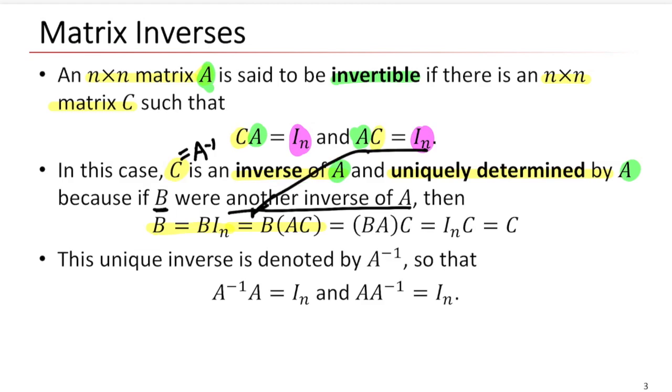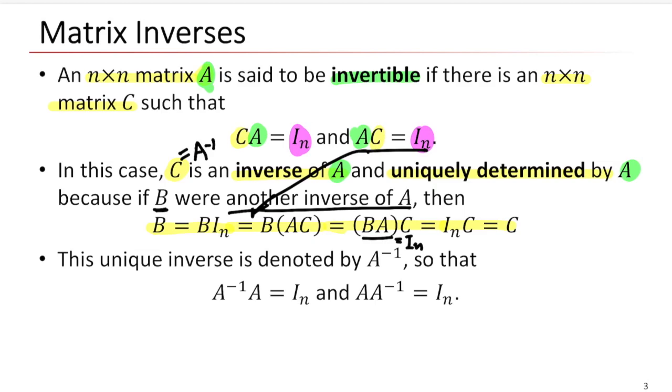Then we can say that BA times C is equal to I_n times C, because by definition BA is I_n.